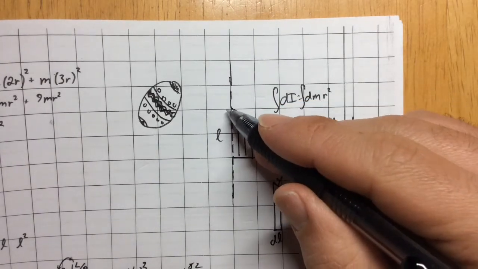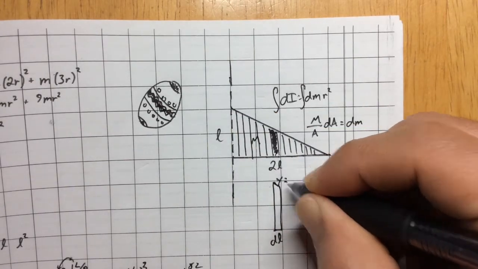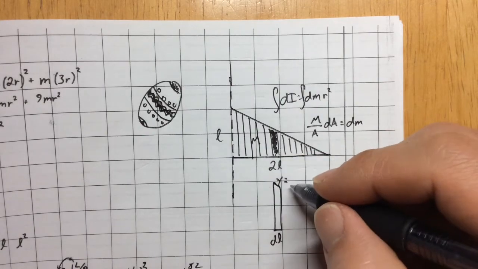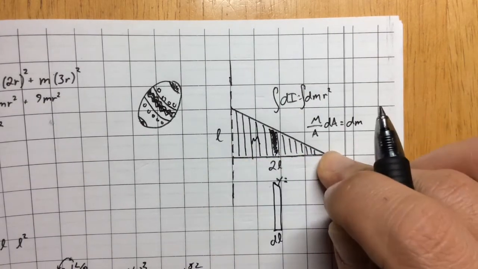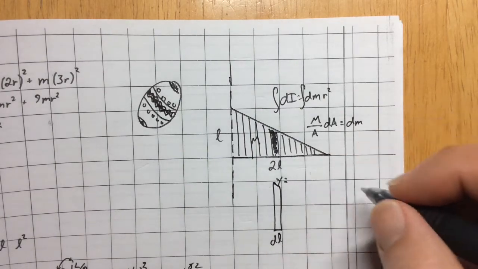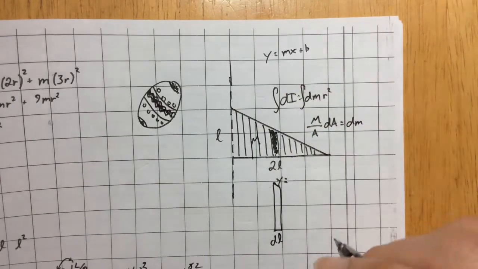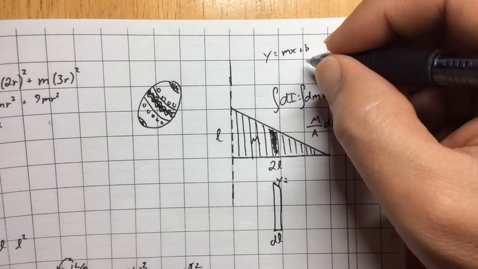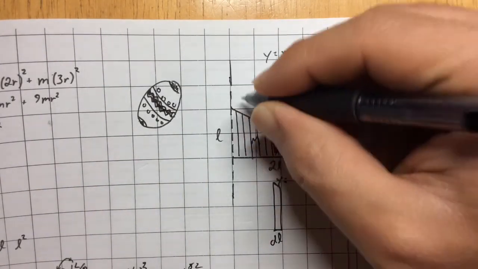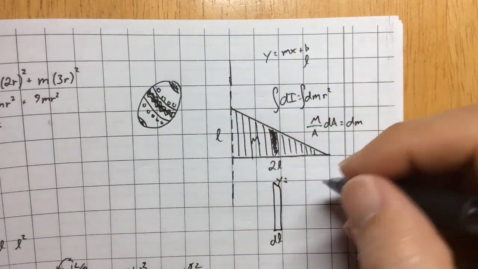Y is going to start off at L and go down to 0. So y would be based upon where you are at the moment along this axis, and let's see, we need to fit it into this, y equals mx plus b. So the plus b is going to be L, because that's where the y-intercept is, and the slope here is down L over 2L, so it's 1/2.